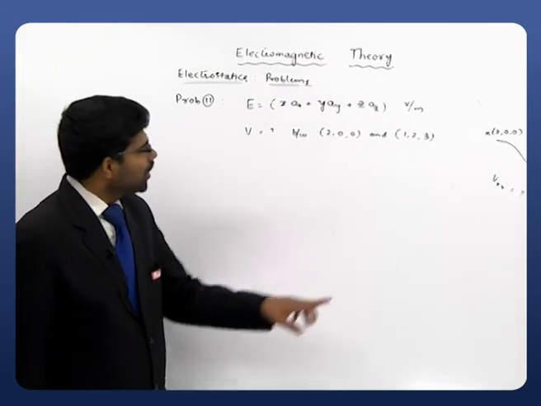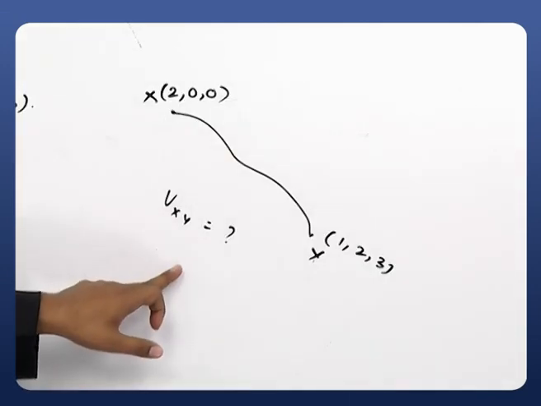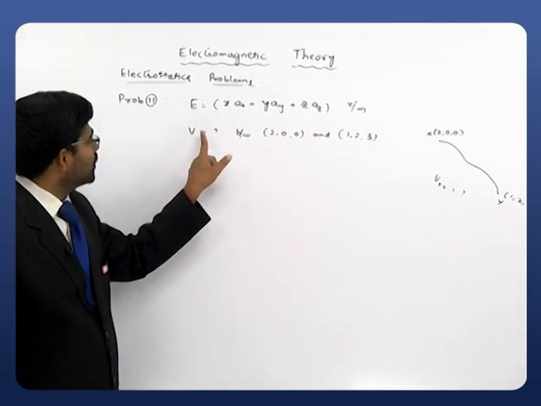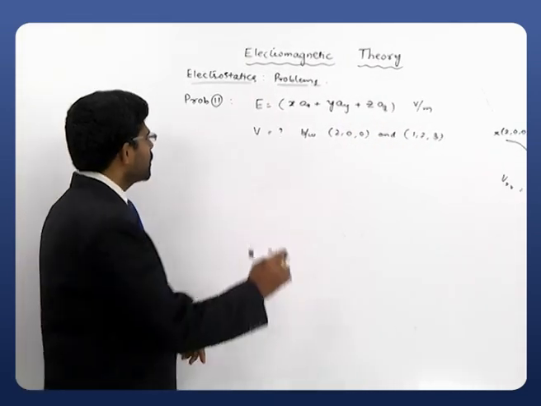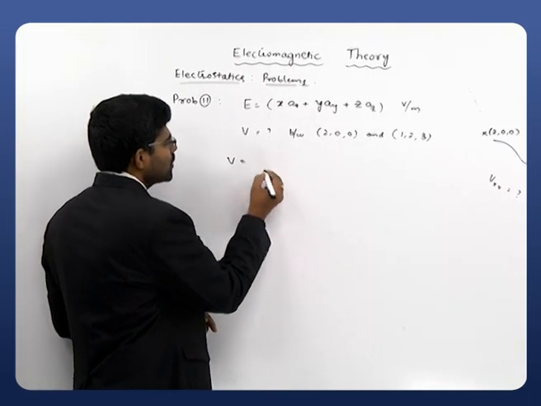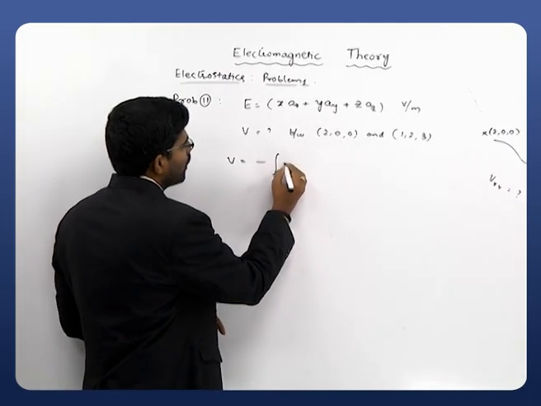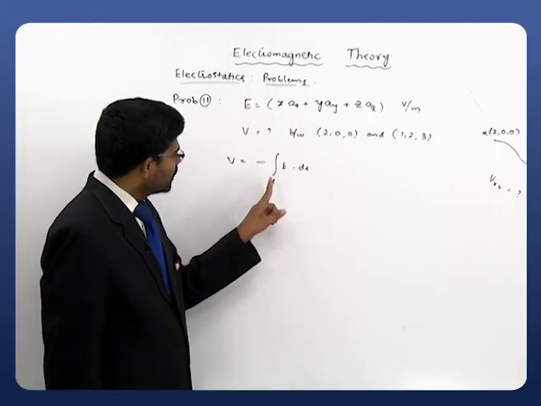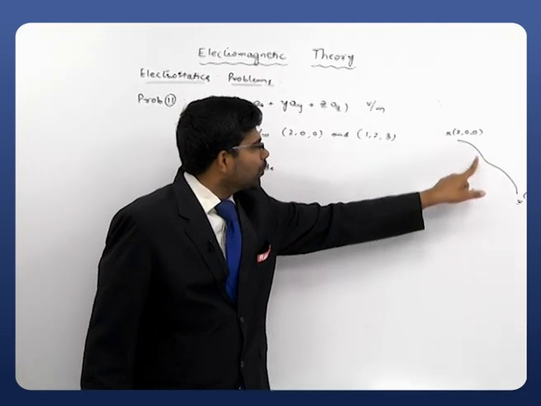What we require is Vxy. So what is Vxy, the potential difference between them? Now what is the basic relation between V and E? We have a basic relation: potential difference is equal to minus the line integral of E dot dl. This line integral will be calculated from the first point to the second point.